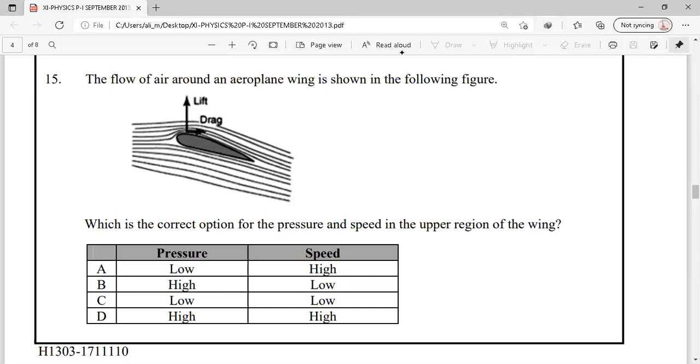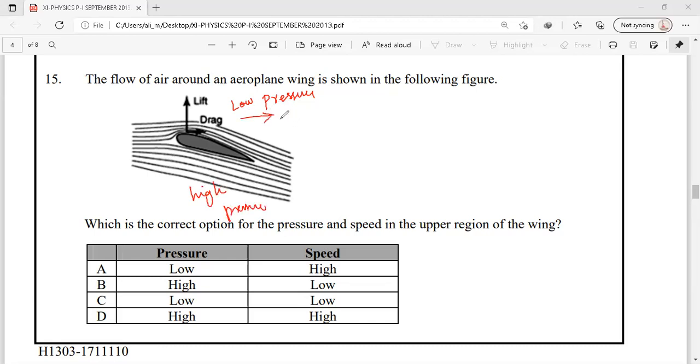So here we have our question number 15. The flow of air around the aeroplane wings is as shown in the diagram, in which the drag force is in the opposite direction and we have the upward lift. So we know that to have upward lift, the pressure above the wings is low. We have low pressure here, and the pressure below the wings is high. We have high pressure.